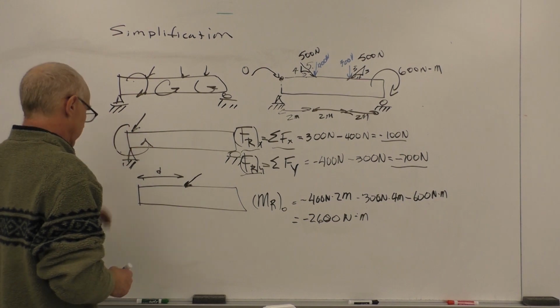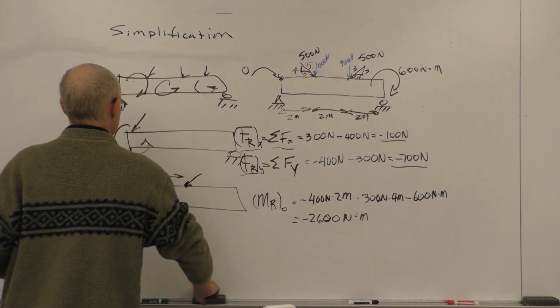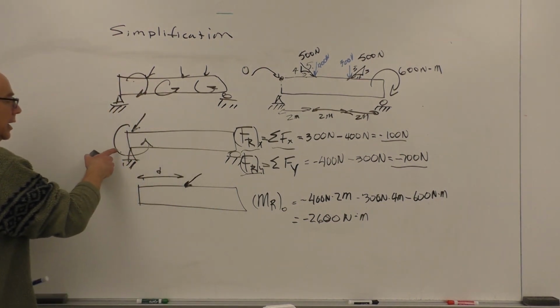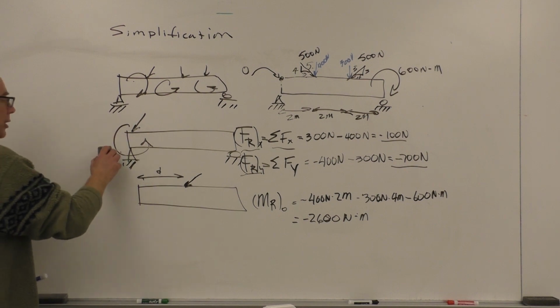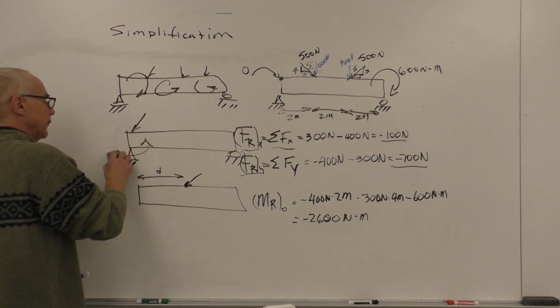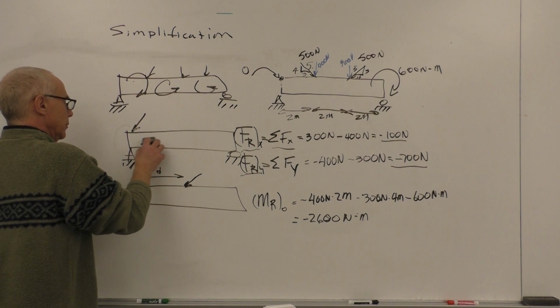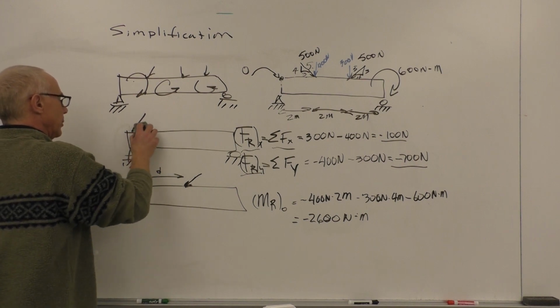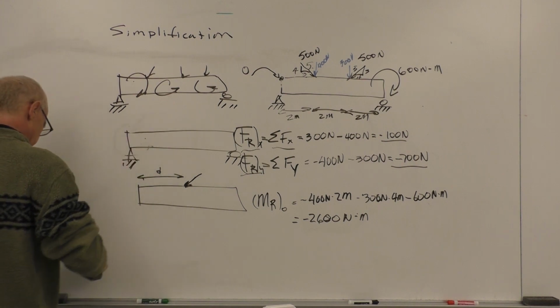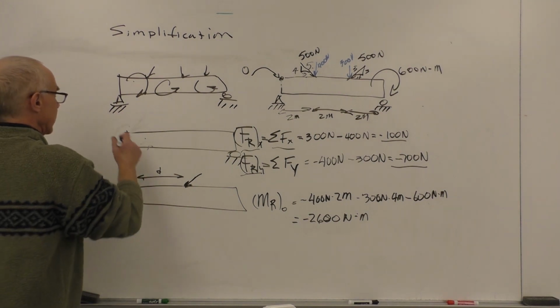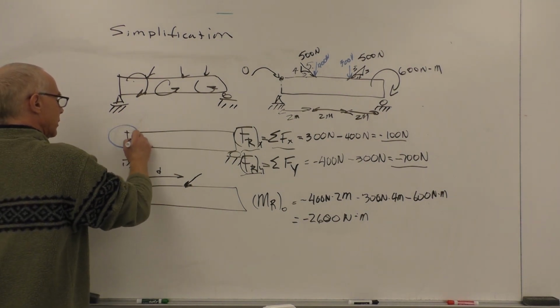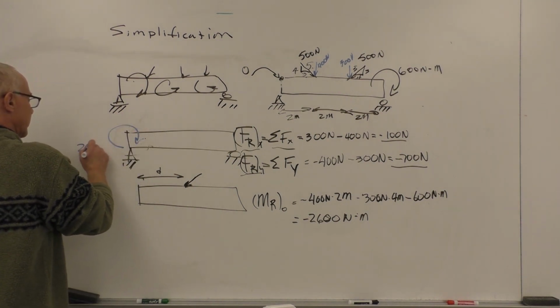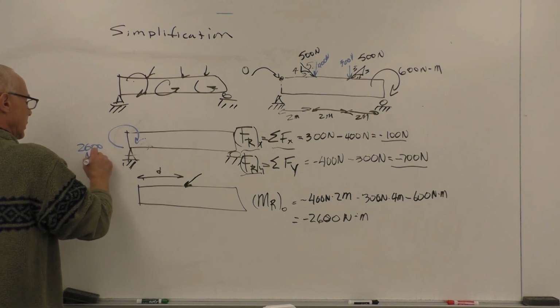So I'm going to fix this, because I drew this as a positive value, counterclockwise. So in our simplified system, we have a negative moment, meaning clockwise, of 2,600 Newton meters.